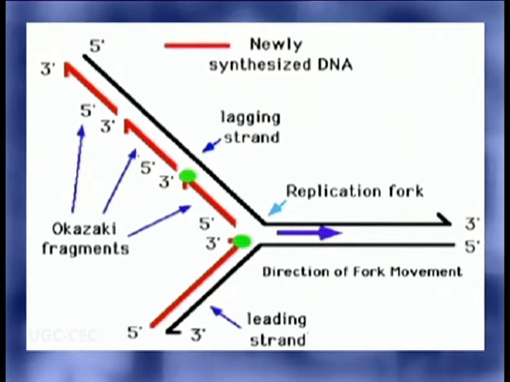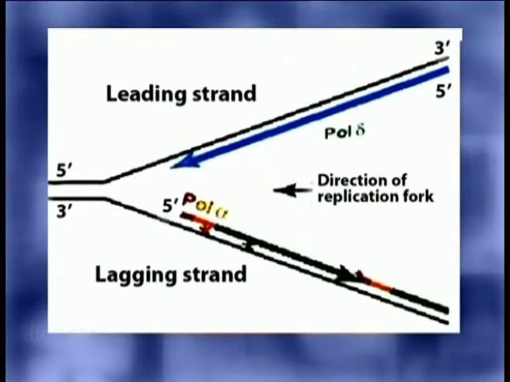These short pieces that serve as replication intermediates for the lagging strand were first described by Reiji Okazaki and hence are called Okazaki fragments. Polymerase alpha is the main DNA polymerase for the synthesis of a lagging strand, while polymerase delta works on the leading strand.